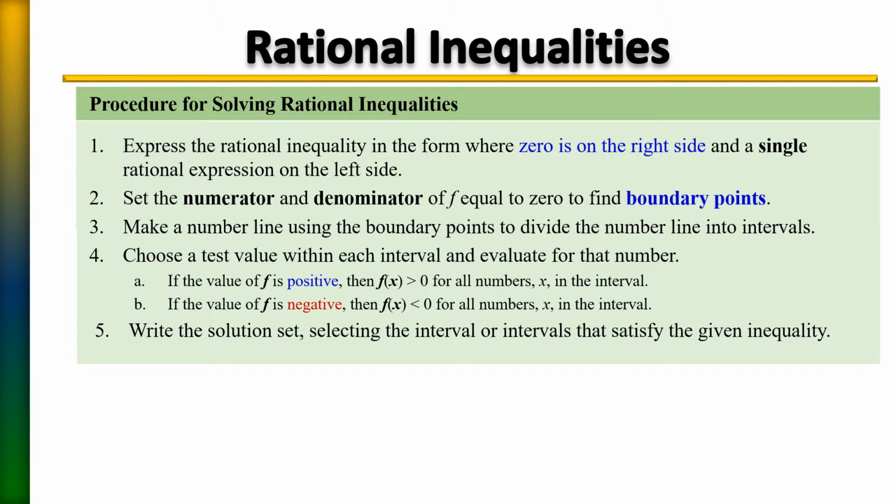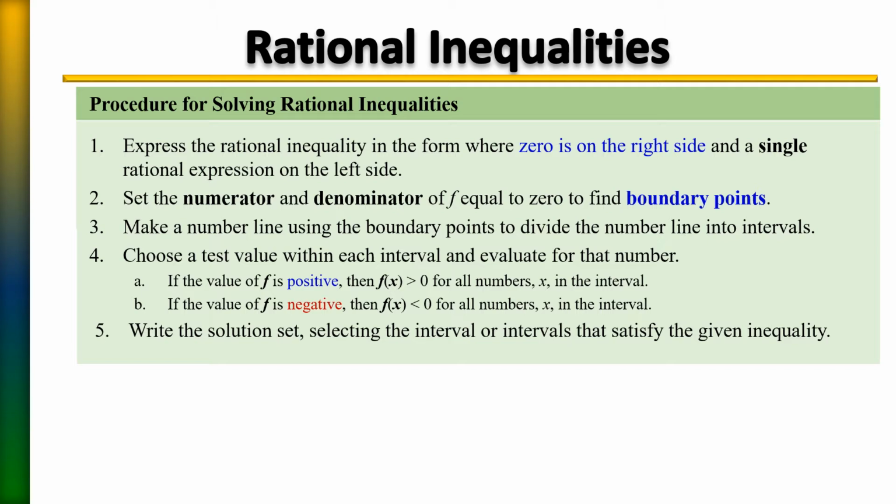Those values of x are your boundary points. Moving on to step 3, you're then going to make a number line using those boundary points. It is these boundary points that are going to divide the number line into these various intervals.